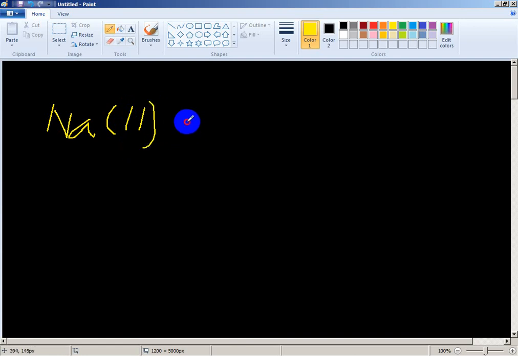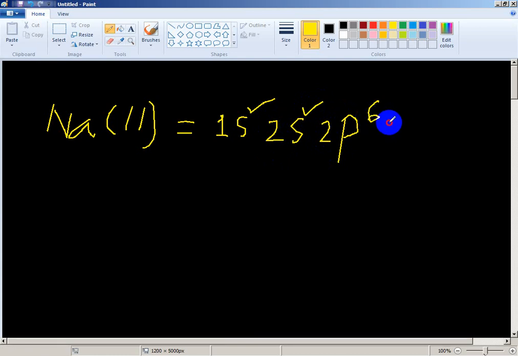So what is the electronic configuration of sodium? 1s2, 2s2, 2p6, then 3s1.